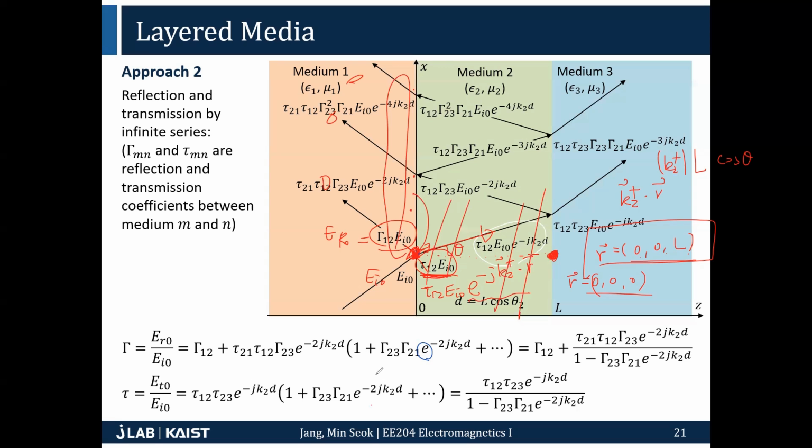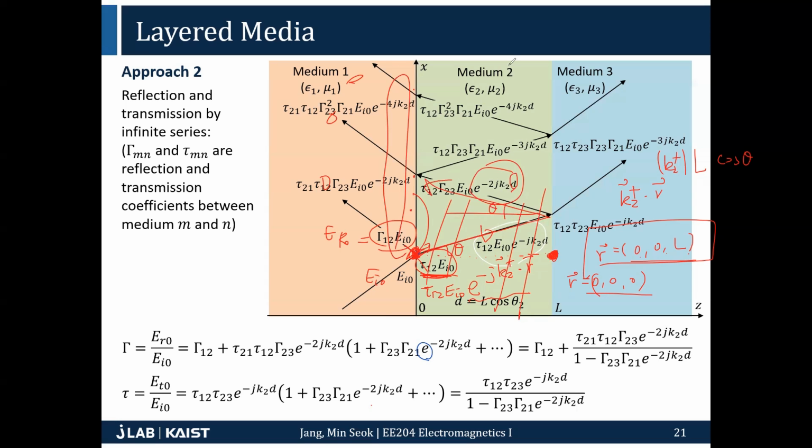Once the wave travels twice, all you need to do is multiply this by 2, and the angle theta is taken into account by introducing d. D is L cosine theta 2, right? I hope that explains the question.